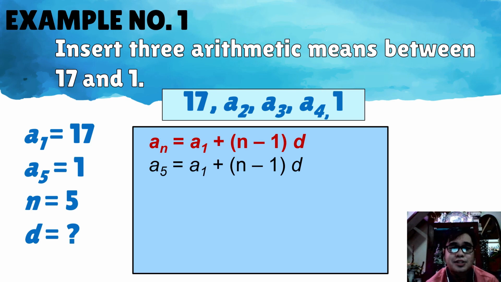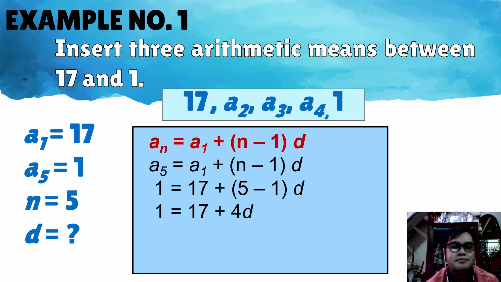Then copy a sub 1 plus n minus 1 times d. And then substitute the value of a sub 5, which is 1, equals, substitute the value of a sub 1, which is 17, copy plus n, or the value of n, which is 5 minus 1 times d.